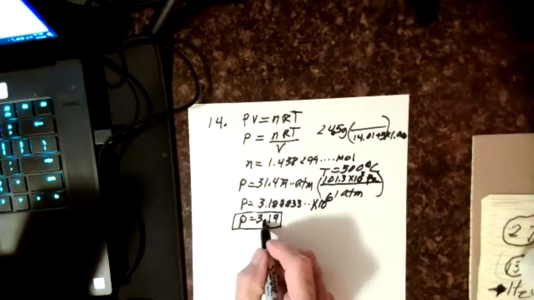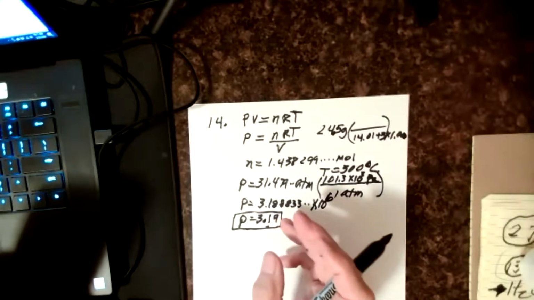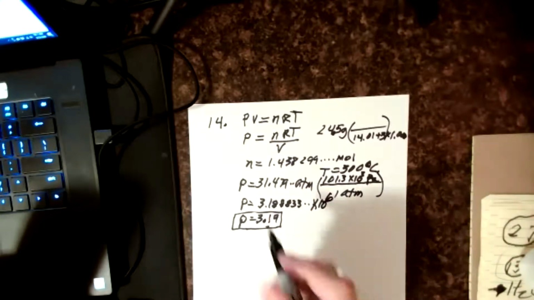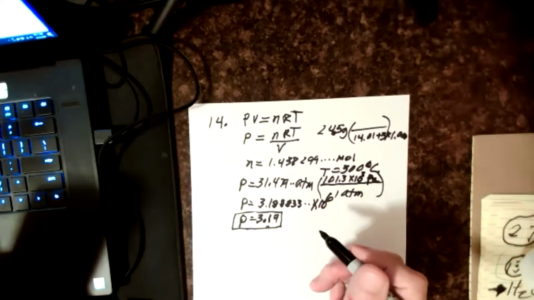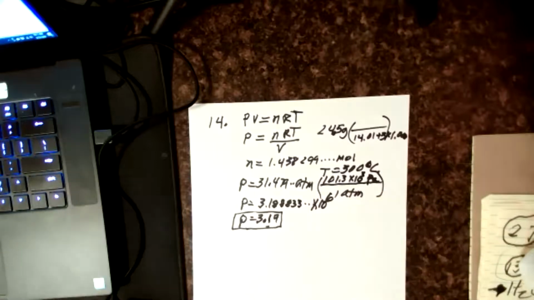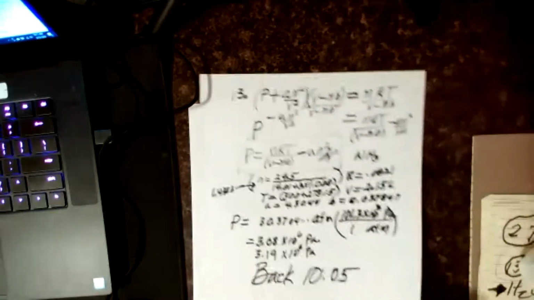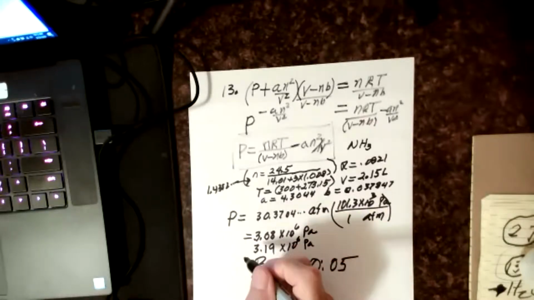Now I understand the mystery of why I had 3.19 as one of the answers in the other problem. The reason why we got screwed up a while ago was I was looking at the answers on 14 instead of the answers on 13.